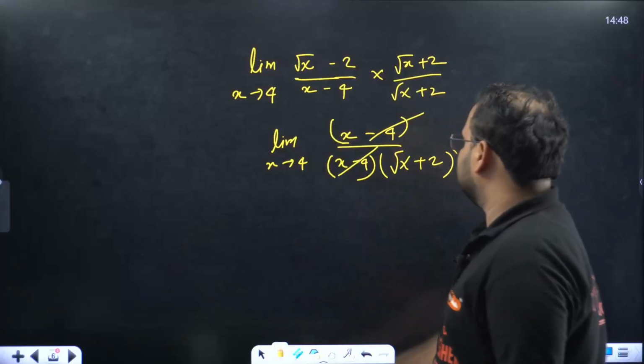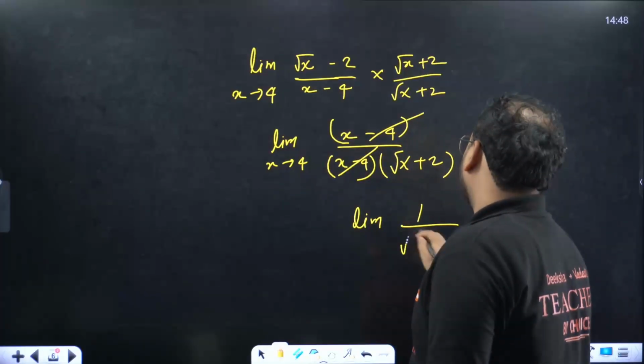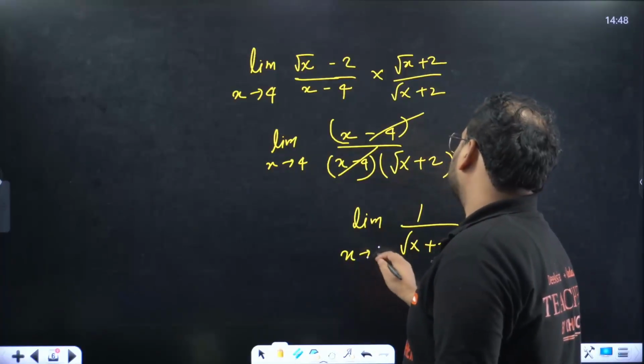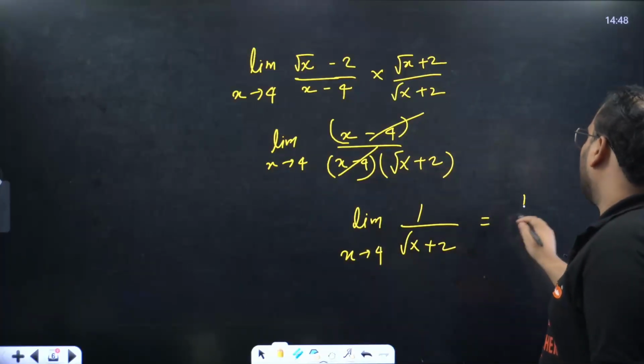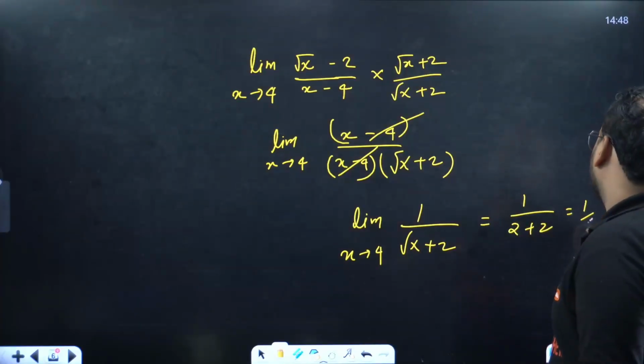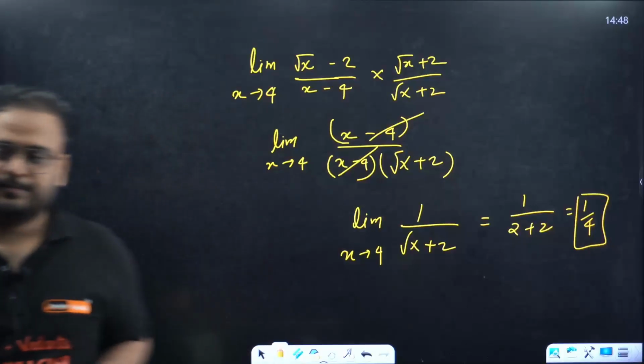This part cancels. Okay, we have the answer as limit 1 upon root x plus 2. Am I right? And when x tends to 4, you can check. You will have answer as 1 upon root of 4, which is 2, plus 2. Answer becomes 1 by 4. Have a look.